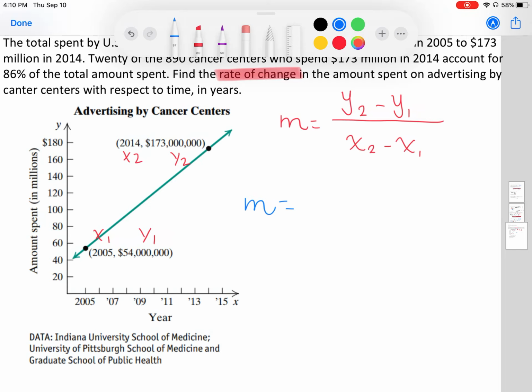So our y2 is 173 million minus 54 million divided by 2014 minus 2005.